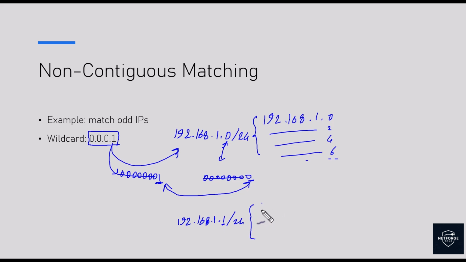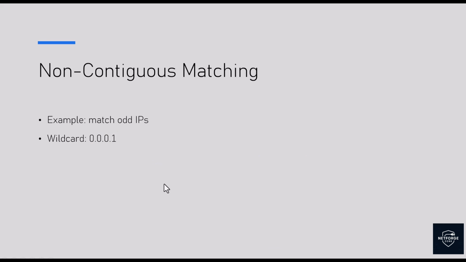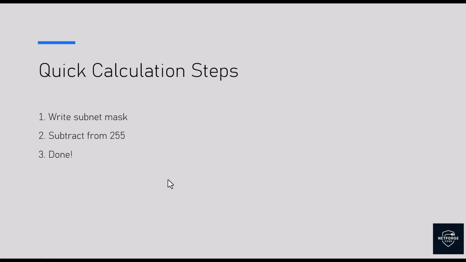So that's going to give me 192.168.1.1, and 3, and 5, and 7, and so on and so forth. That is how you select odd values or even values when you want to match exact IPs.